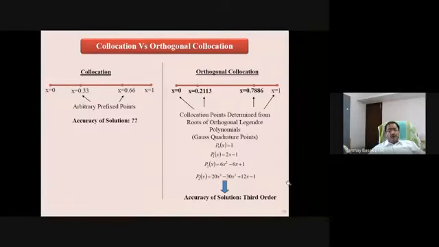So when you have 0 to 1, you can have the corresponding orthogonal polynomial, 6x square minus 6x plus 1, and you get two roots, 0.2113 and 0.7886. These are the roots of the orthogonal polynomial, and that's why this is called orthogonal collocation.